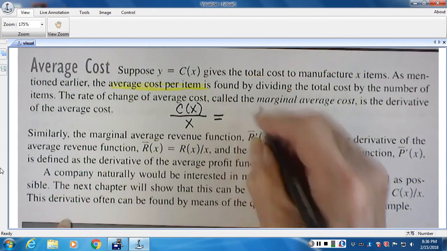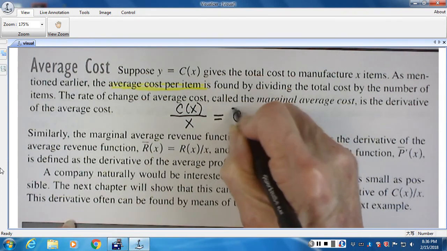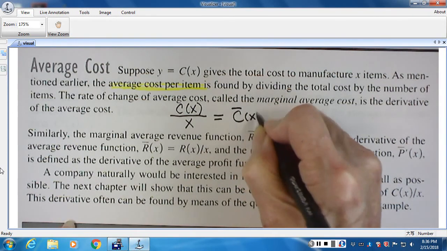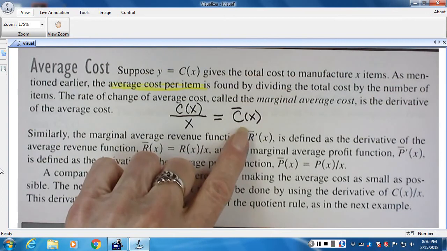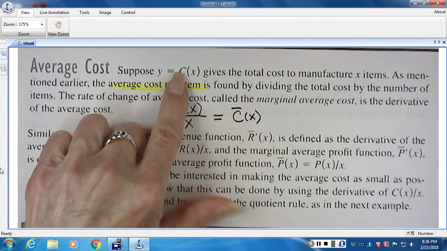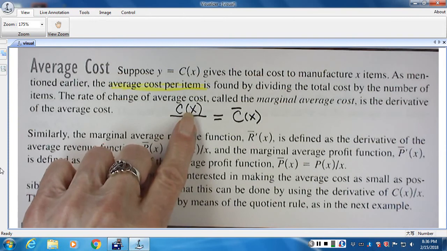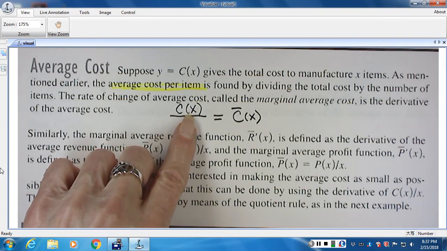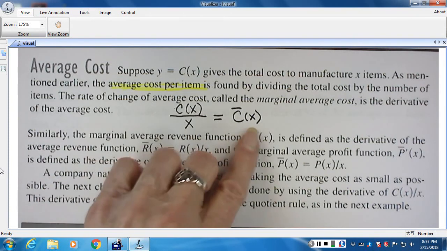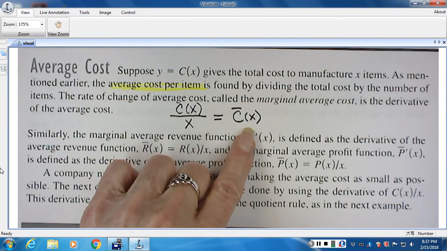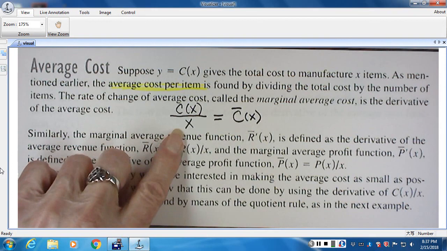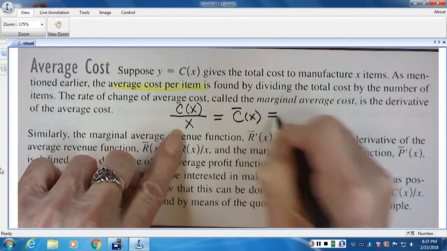And that's going to give me what I will call the average cost. And I use function notation because usually the cost is not given as a number, it's given as some kind of algebraic expression. So that means the average cost is also going to be some kind of algebraic expression. Now there is going to be one time where actually writing it this way is going to be a pain. So I want you to keep in mind that sometimes it's easier to write the average cost this way.